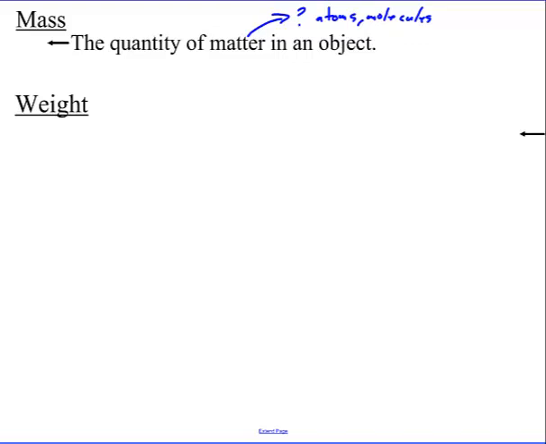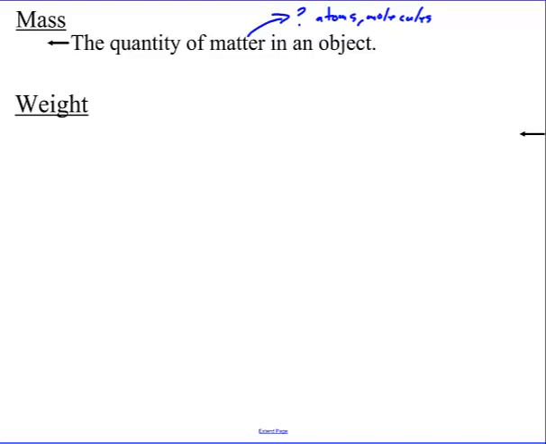Now, mass does not change regardless of where you are in the universe, right? So let's say I have 185 kilograms of mass on this planet. If I take that substance to the moon, I still have 185 kilograms of mass. However, weight is a little different.